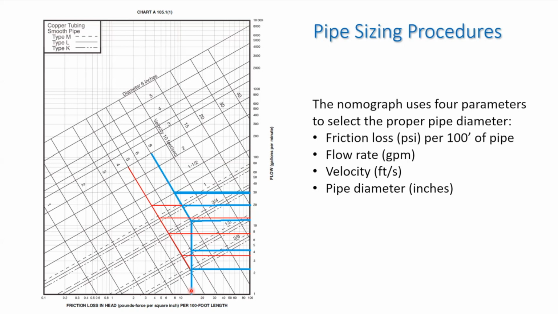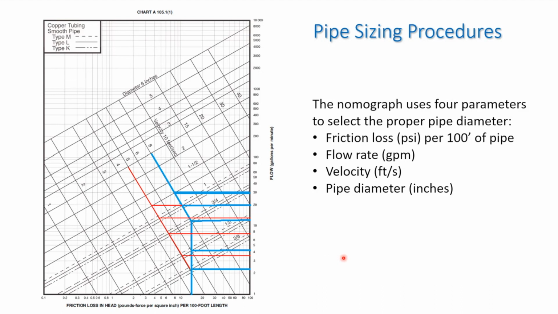For your hot water, for copper piping, the velocity limitation is 5 feet per second. So you would run your vertical line from your 15 PSI until it intersects the velocity of 5 feet per second. Then you would run your horizontals over from your pipe diameter to the flow rate, and that will give you your maximum flow rate.